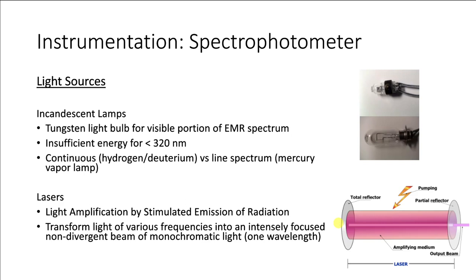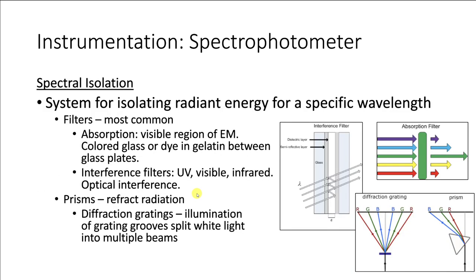So it just focuses a bunch of light into one single focused non-divergent beam. Non-divergent meaning it won't go in a random direction. It just goes at one wavelength in a very intense output. We'll use this if we need higher wavelengths. But again, most chemistry analyzers I've seen use an incandescent light bulb.